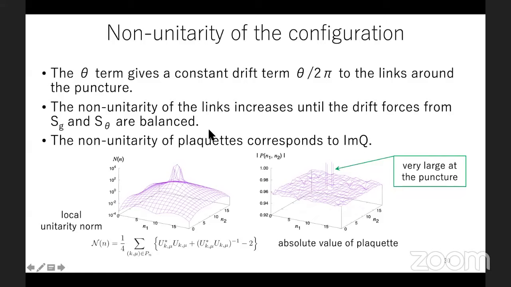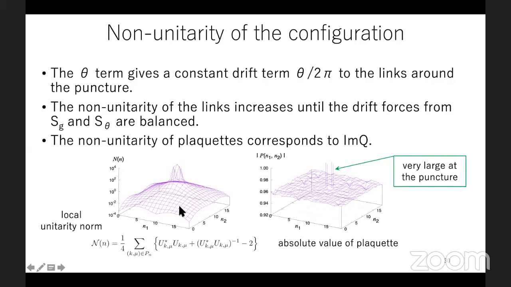In many previous works using the complex Langevin method, we thought that very huge non-unitarity results in the failure of the method.